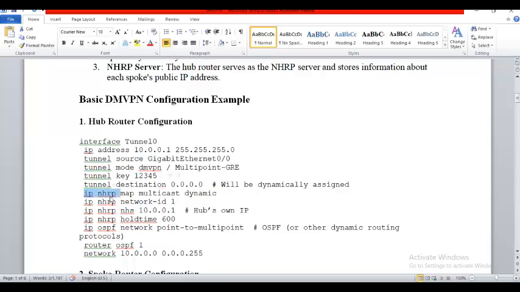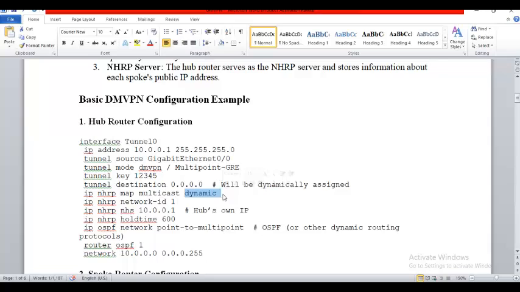NHRP needs one identification, so this is the command to give it. And NHRP needs to accept all the multicast traffic coming from the spokes. So you say dynamic. And then you are saying for NHRP, I am the server.